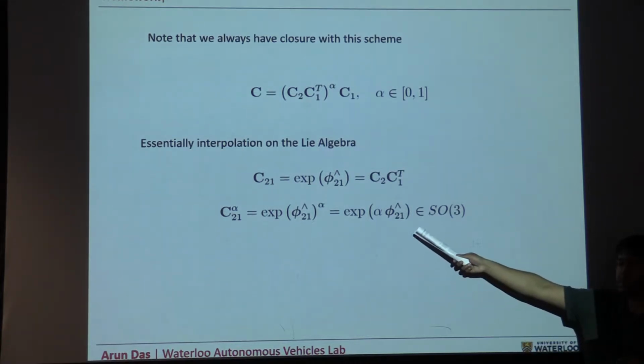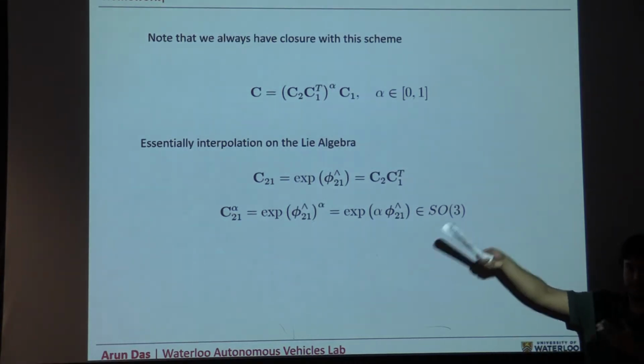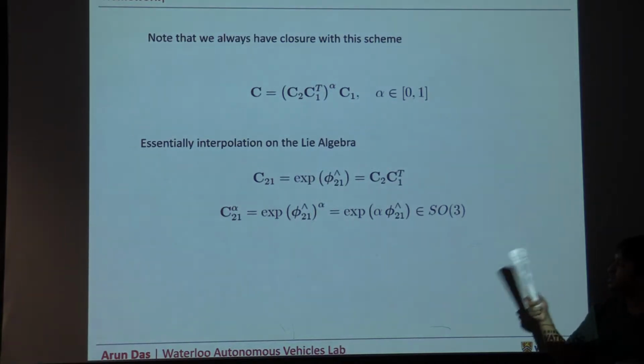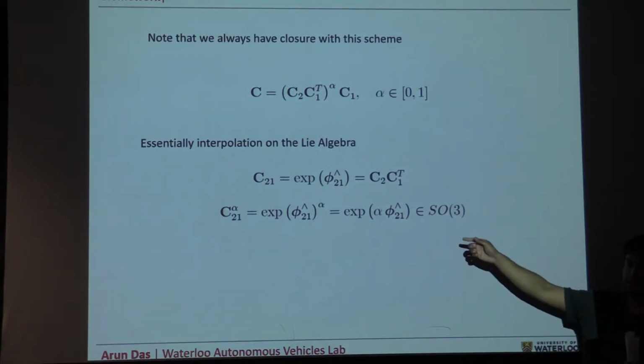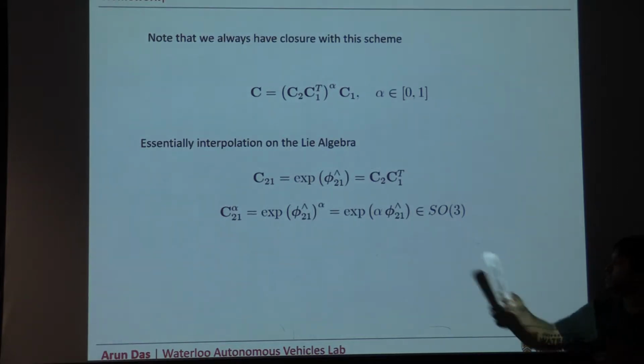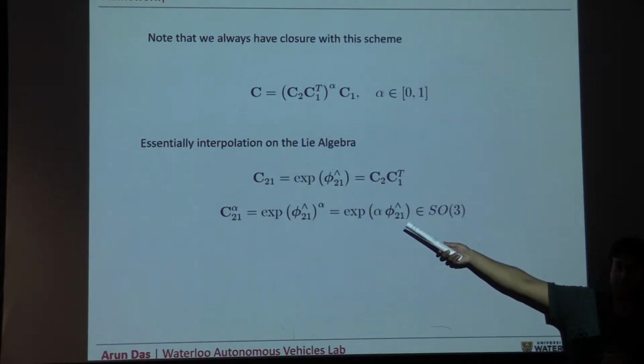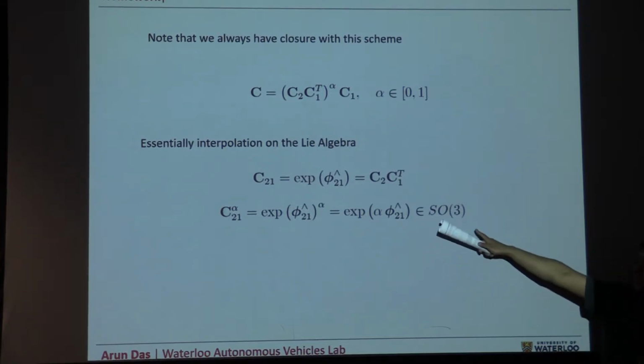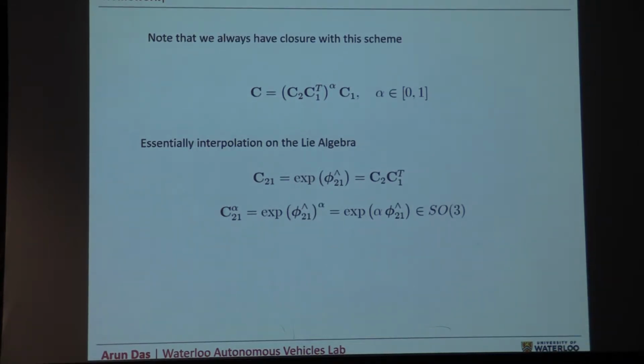So this is exactly what Ben was writing previously, just in a slightly different notation, saying that we can move alpha between 0 and 1 and essentially interpolate on the Lie algebra. We can do this because the elements in the Lie algebra are a vector space, and then when we take the exponential map, we get back to an element in the group, in SO3.